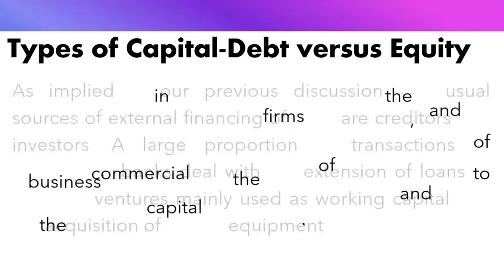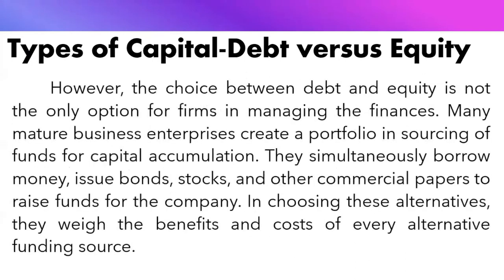So, however, the choice between the debt and equity is not the only option for firms in managing the finances. Many mature business enterprises create portfolio in sourcing of funds for capital accumulation. They simultaneously borrow money, issue bonds, stocks, and other commercial papers to raise funds for the company.